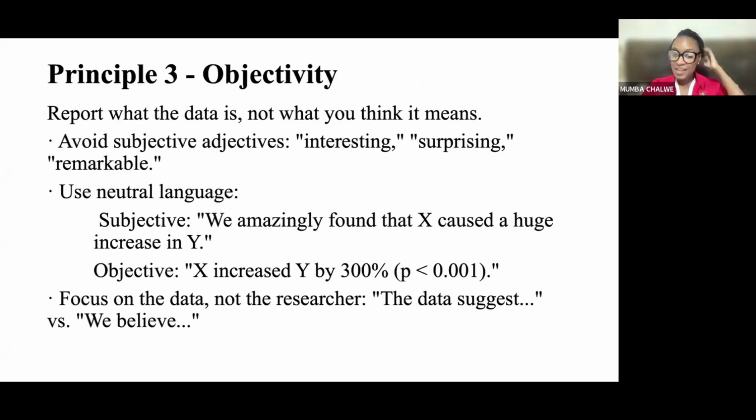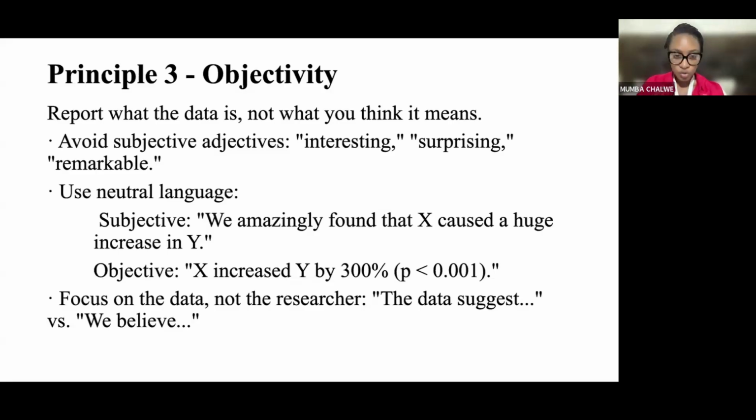So report what the data is, not what you think it is or what it's implying. Avoid interesting, surprising, remarkable. I received a paper from a part of the world that's very well known for a lot of grandiose language, and the authors were using words like wonderful, amazing, and it just makes you doubt the work that's being done.